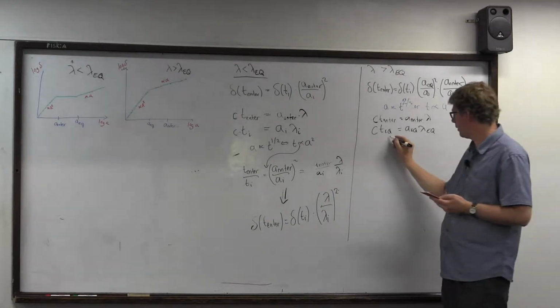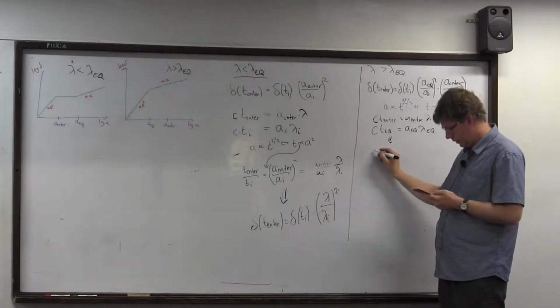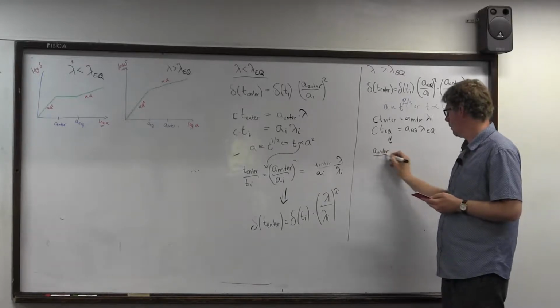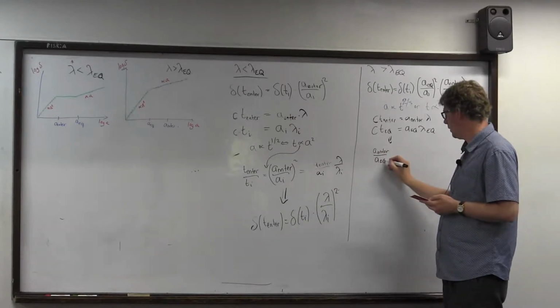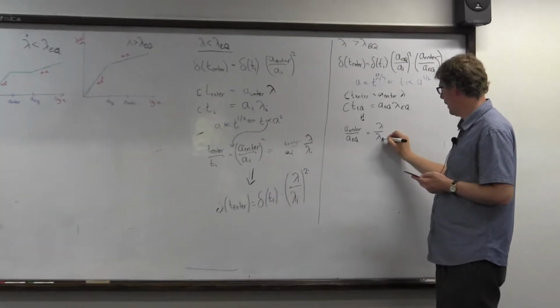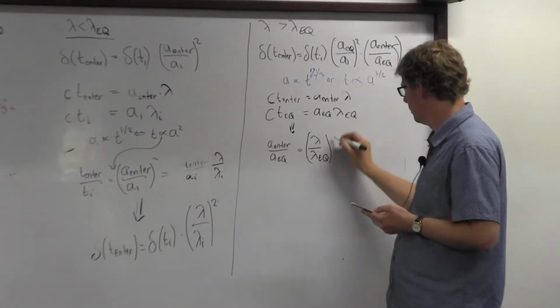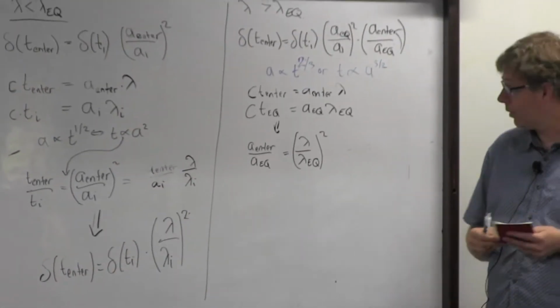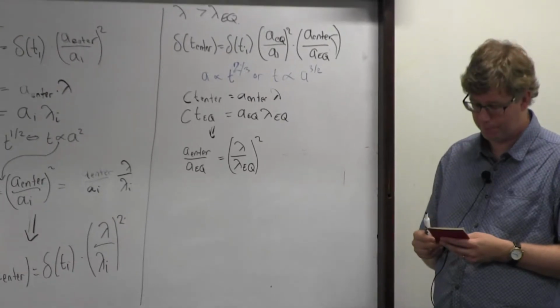And you will get, in parallel to this, that A enter over A equality is lambda over lambda equality squared. Now we're almost there.